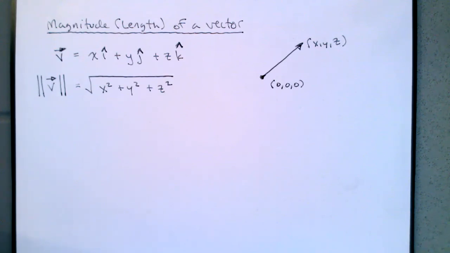Sometimes we will want to describe just a direction and not have to worry about magnitude. And the direction is not always in just the i, j, and k direction. So to describe a direction, we'll use unit vectors.